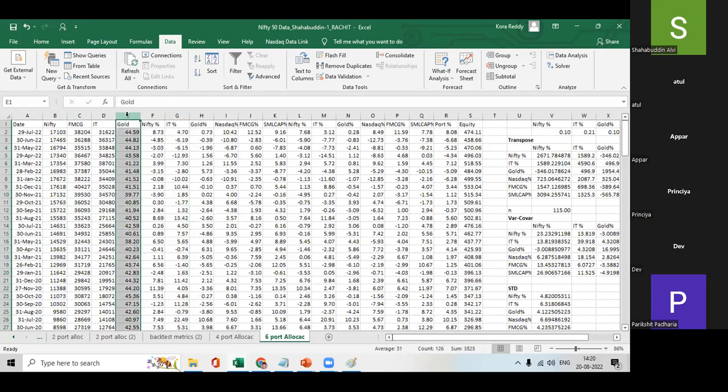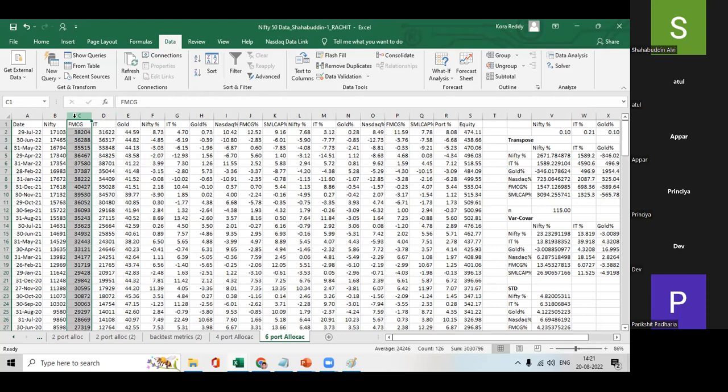But the question then is, if we are moving the allocations, we'll be charged taxes, right? You have to pay one time. So now you are dumping FMCG and replacing it with something else. Either keep FMCG as it is, and when you are getting the new 100, remove FMCG and see where the new 100 goes. Keep FMCG now as buy and hold, don't touch it, and get XYZ into this model.